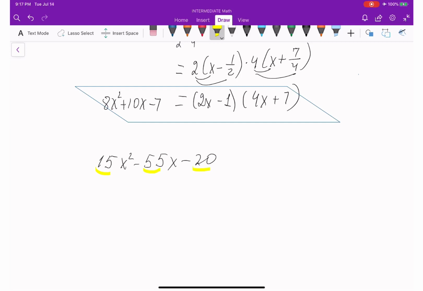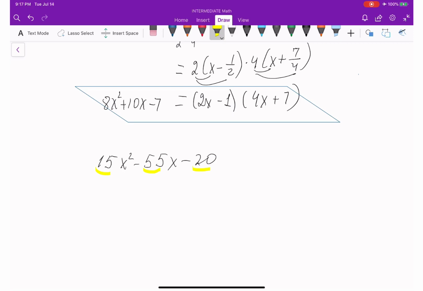Can I take a common factor out? Of course, because if you watch the math trick video, you should know that any numbers that end with 0 or 5, you can divide by 5. So we have all three ending in either 5 or 0, so we are taking 5 out.